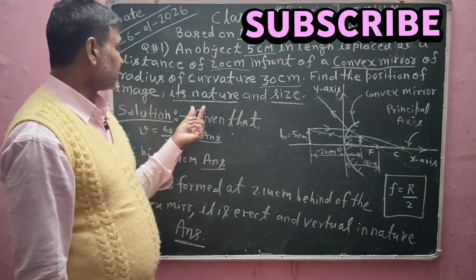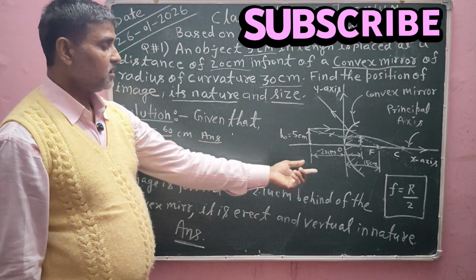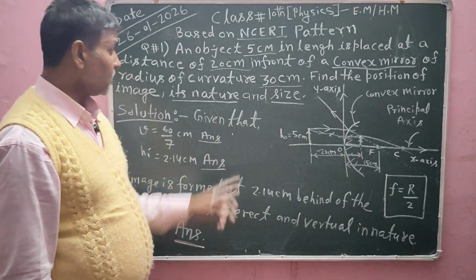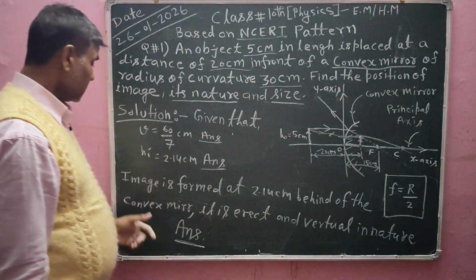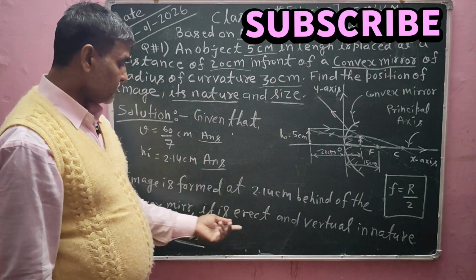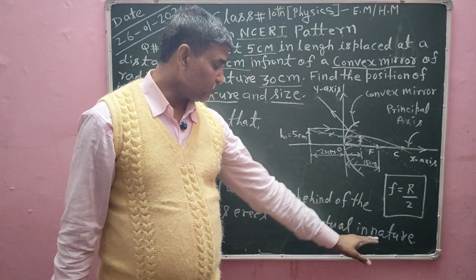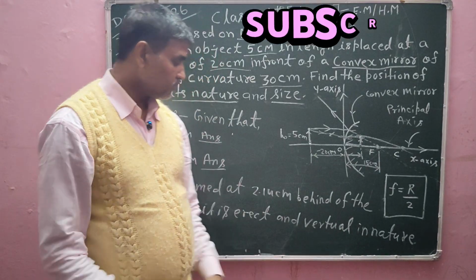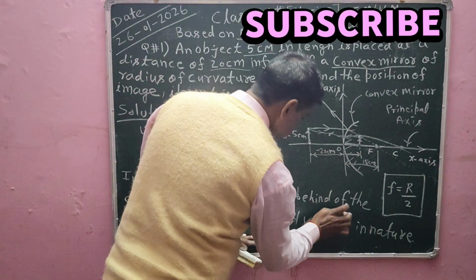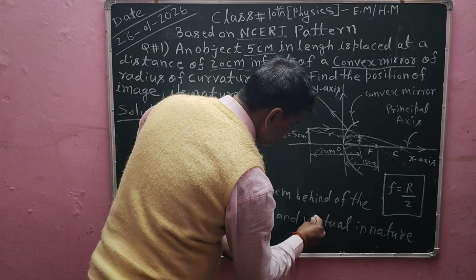Now next I have to write the nature of the convex mirror image according to the given information. The nature of the image of the convex mirror will be virtual.